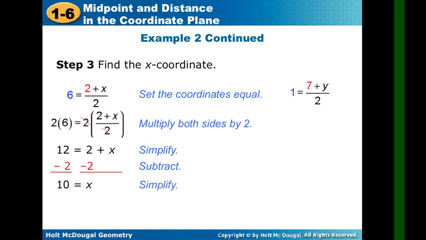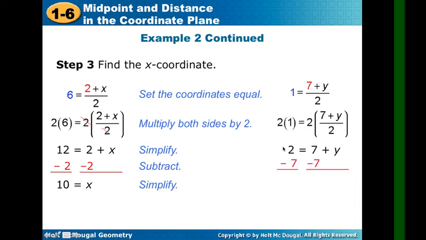For the y naman, kukunin ko yung isa na sinabi ko kanina. 2 times 1 is 2, equals 7 plus y. Ililipat ko siya, magiging negative 7. Negative 7 plus 2 is negative 5. So, y is negative 5. Pagsasamahin ko, we have 10 and negative 5. Therefore, the coordinates of Y is (10, negative 5).